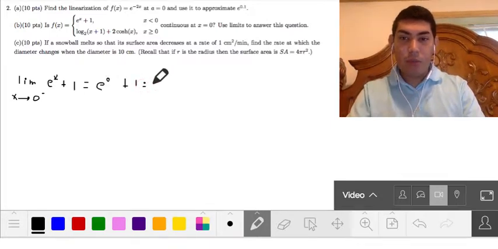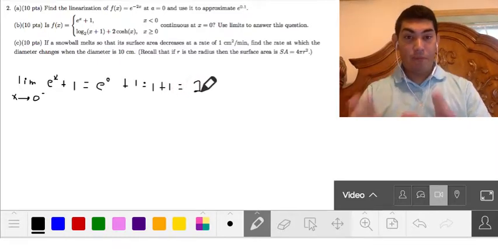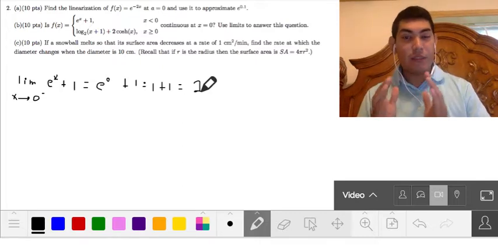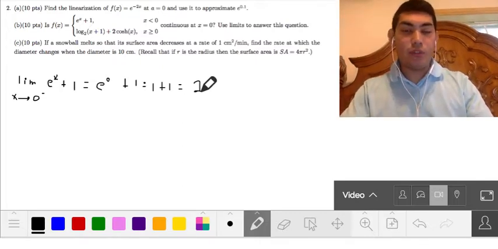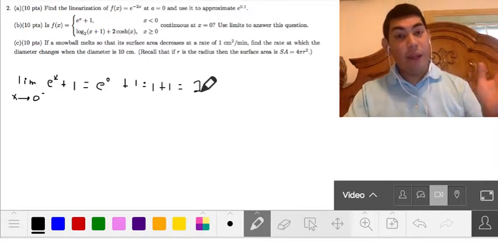Therefore, it's going to be 1 plus 1, which is equal to 2. So that part of the function, when x is less than 0, is approaching 2.